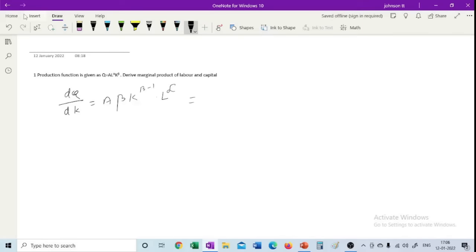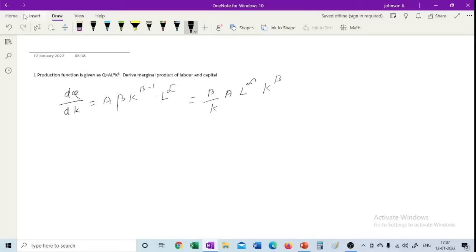So that is equal to beta by K into A L raised to alpha K raised to beta, because K raised to beta minus 1, we can write as K raised to beta divided by K.